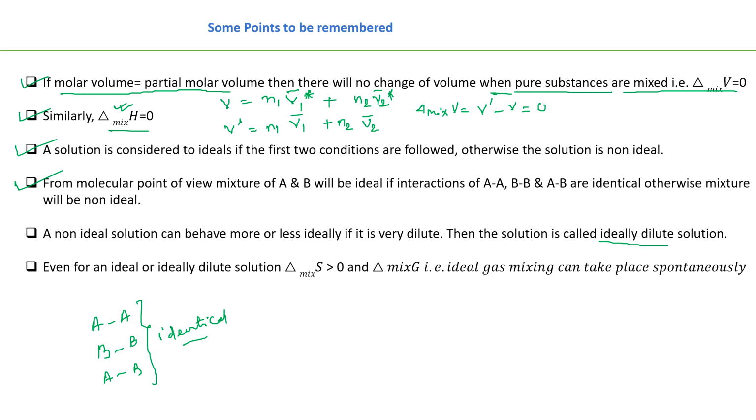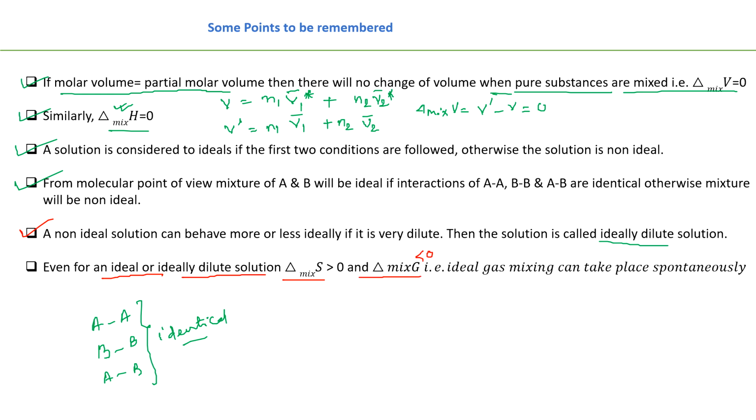Ideally dilute solution is nothing but a non-ideal solution at extremely dilute condition, that is, a very dilute non-ideal solution. Okay. And the last point is, for an ideal or ideally dilute solution, delta mix S is greater than 0 and delta mix G is less than 0.